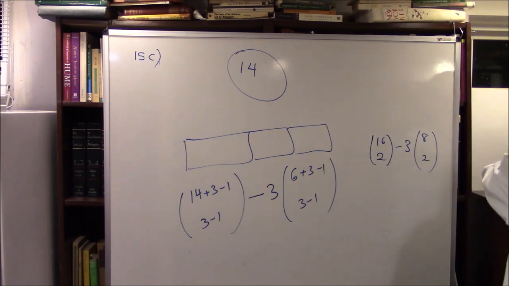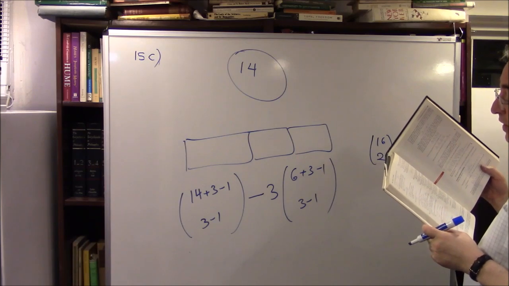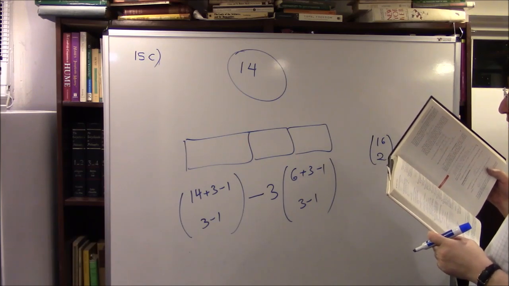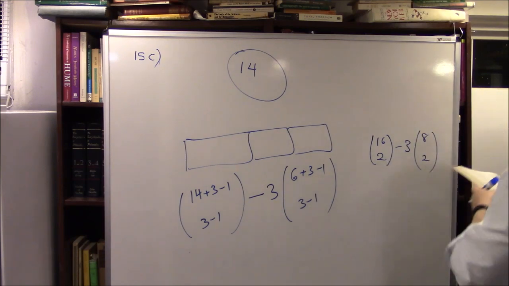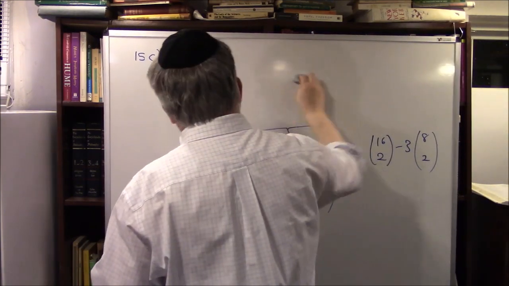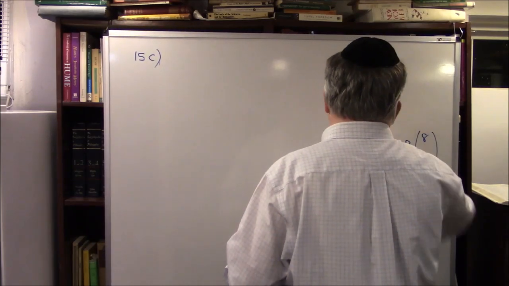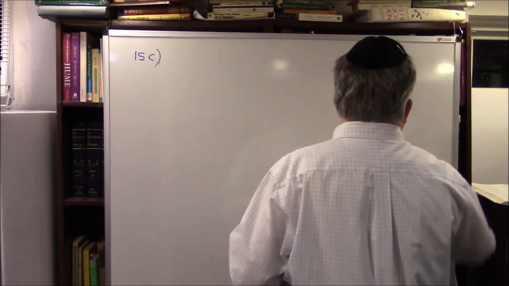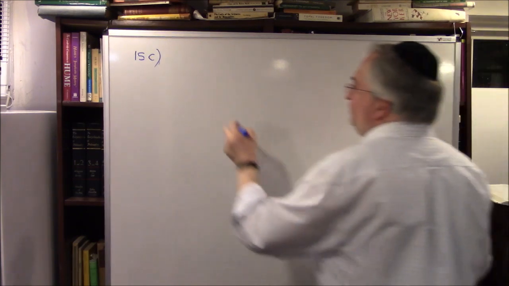It's 15C. For how many numbers between 0 and 999 is the sum of their digits equal to 20? Hint, each digit must be at least 2. Okay, and the idea is as follows.